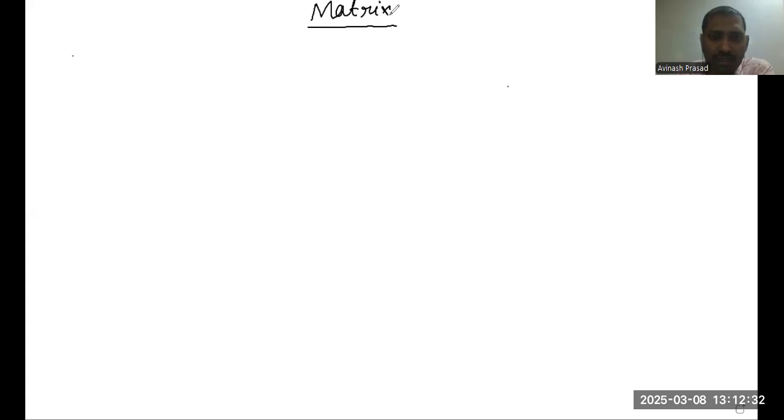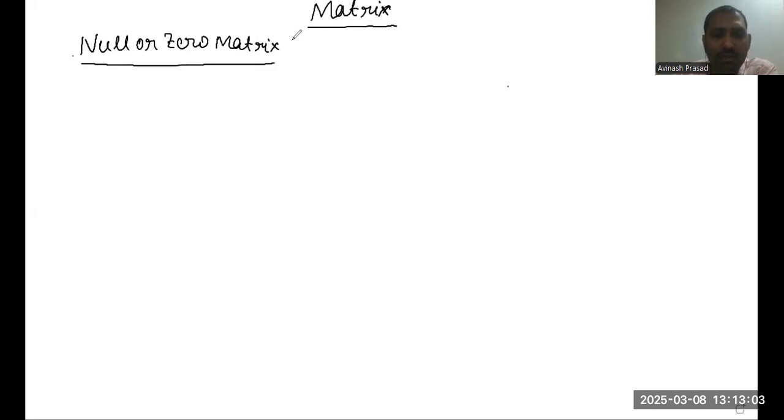Okay, so last class we discussed the types of matrices. Again, we are going to discuss some other types of matrices. The first one is the null or zero matrix. A matrix is said to be a null matrix or zero matrix where all the elements of that matrix are equal to zero.